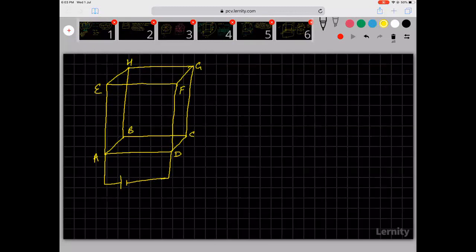Here, if you want to identify points which are at the same potential, maybe this point, this point, this point, and this point. I don't know how it is going to help us, but I'm just telling you. So those points are at the same potential. Then definitely E and B are at the same potential.